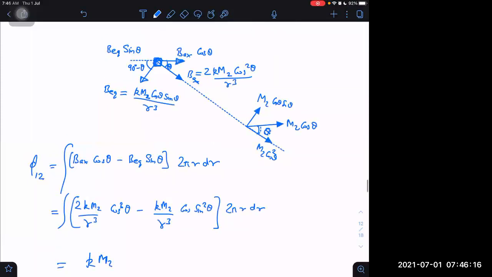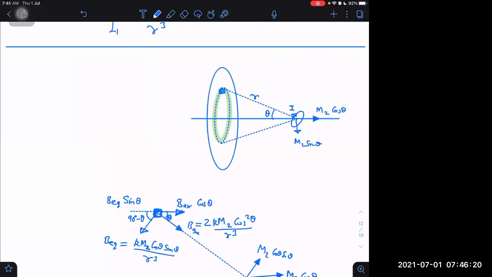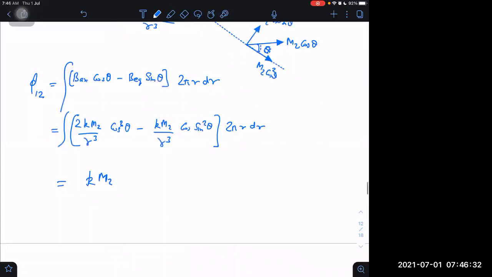Am I using small r here? I normally use small r for this. Then should I call it capital R? Capital R also is not good. Let me call it y then. Then I should write 2 pi into y into dy. That is better.